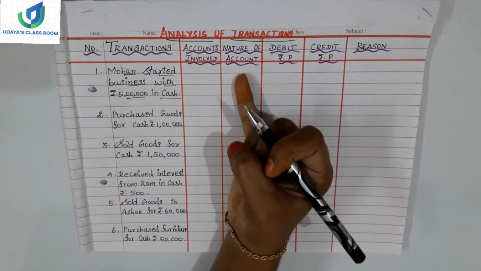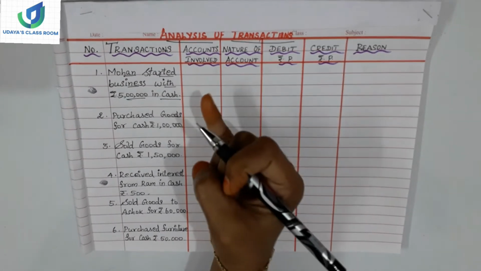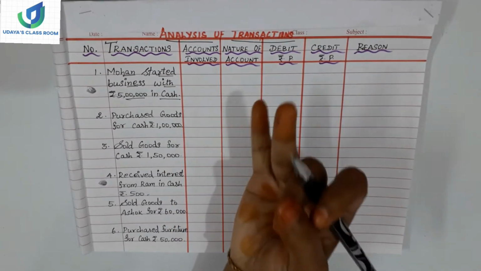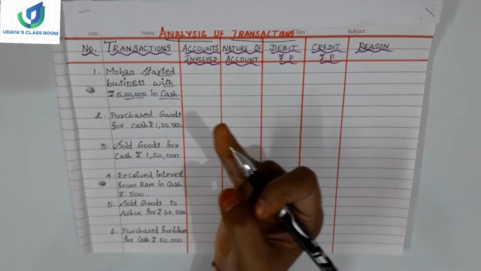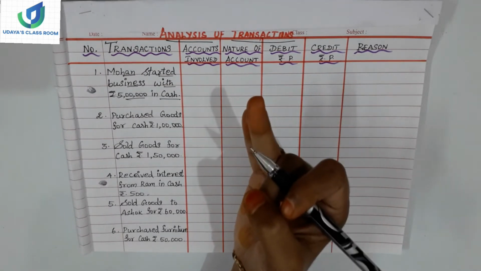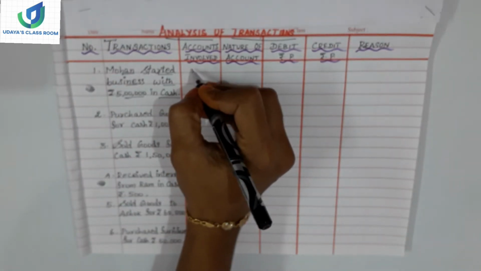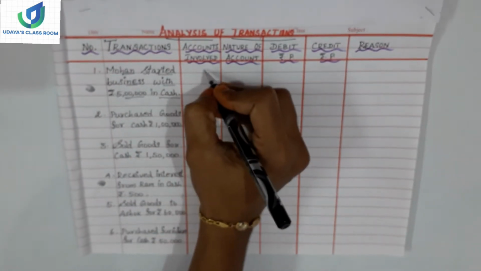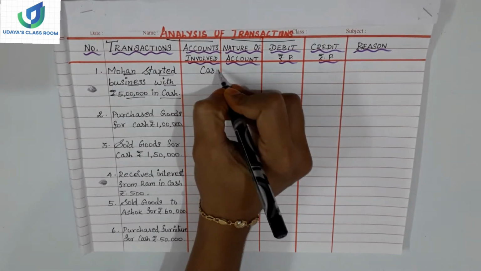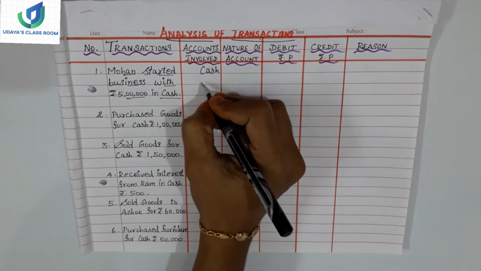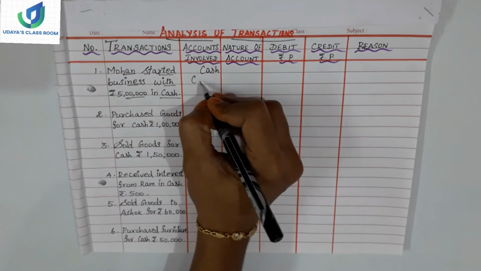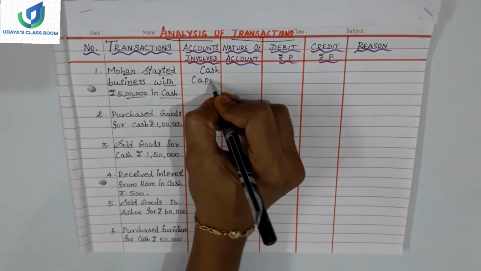So one aspect is cash, and the cash is termed as capital. So how many accounts are involved in this? Two accounts are involved in this transaction. First, let's write cash, and the other account involved here is capital.